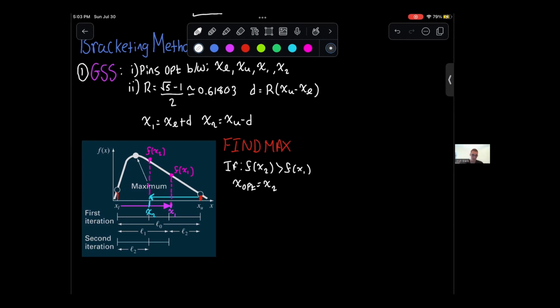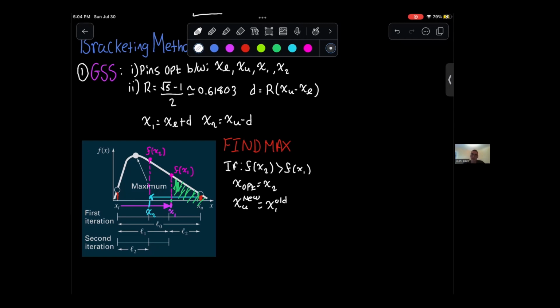What this means is, since I know x2 is closer to the optimum point than x upper, I can delete all of this portion of my function. I can forget about it. And I can make x upper new my x1 old.